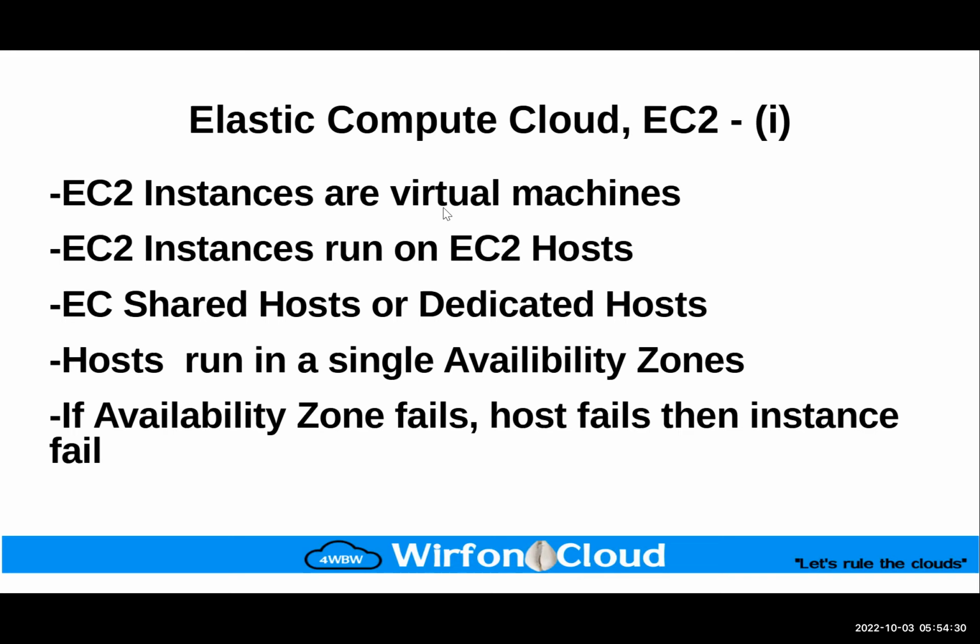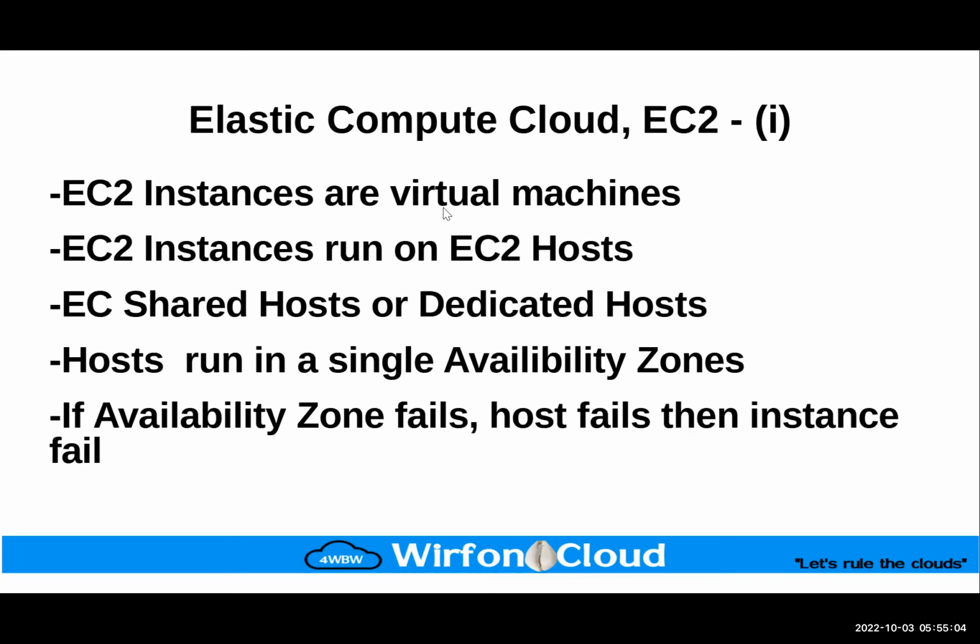Last week we heard about global infrastructure, the region, the availability zone, then the data center, and EC2 is one of those services that is a zonal service. You only have to run it from an availability zone. So if an availability zone fails, then the host fails, then your instance will fail.